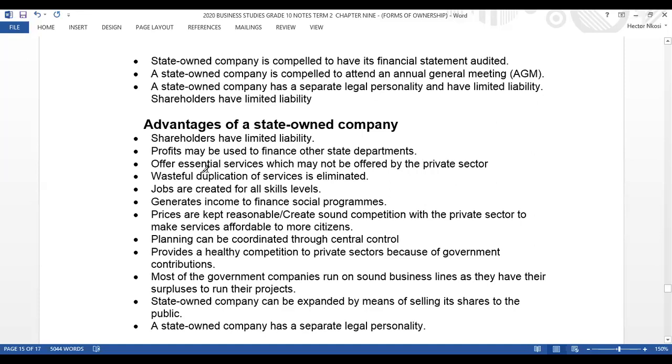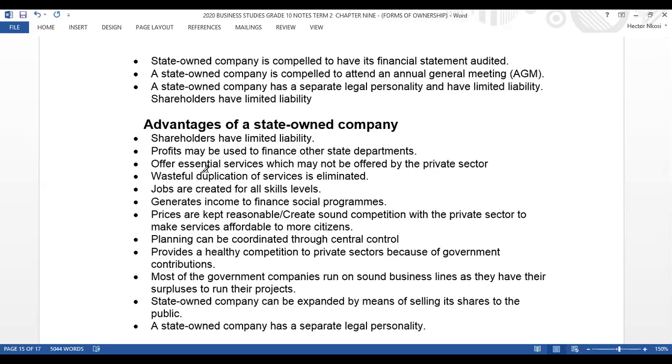Wasteful duplication of service is eliminated. Jobs are created for all skill levels. That's a good thing. It generates income to finance social programs. So prices are kept reasonable or create sound competition with the private sector to make service affordable to more citizens.